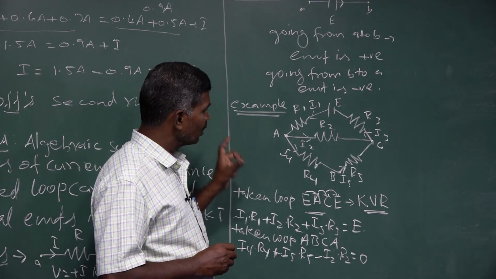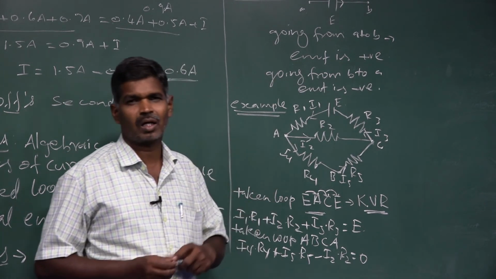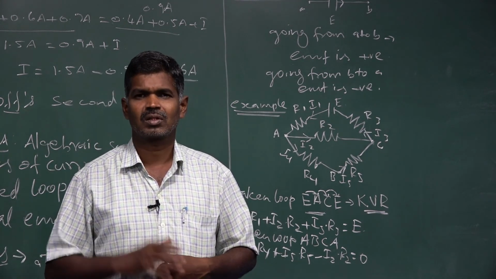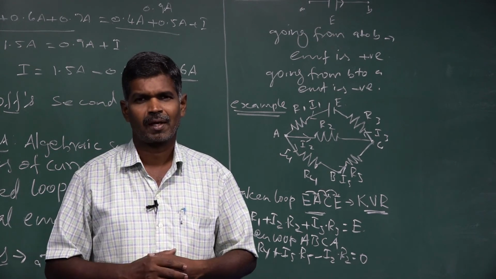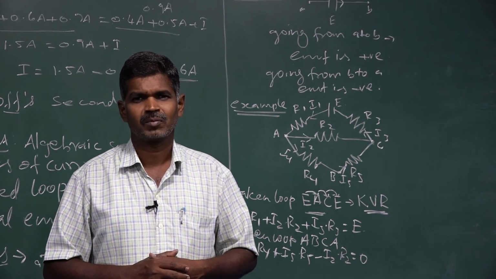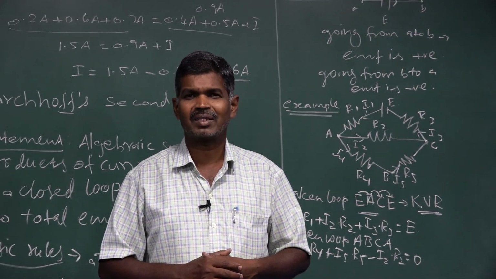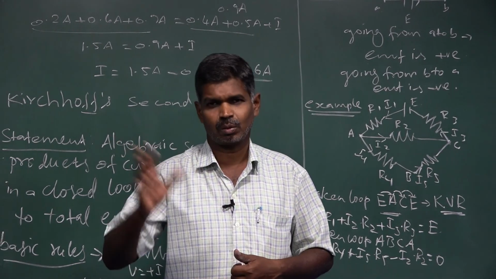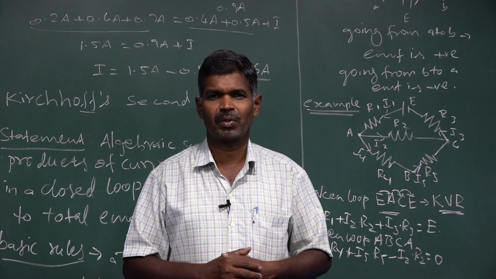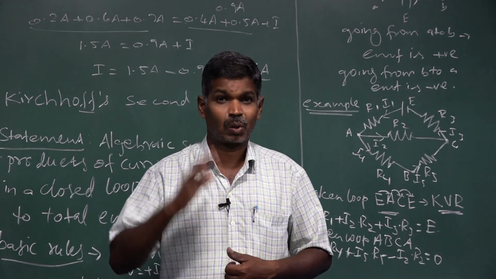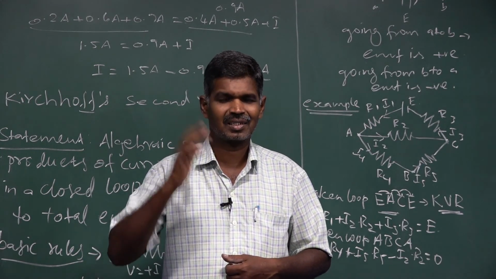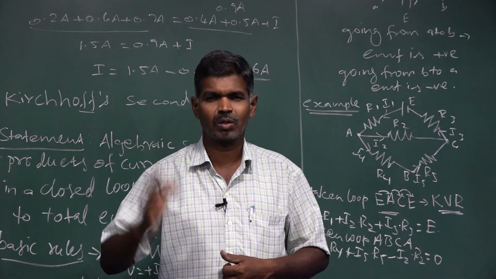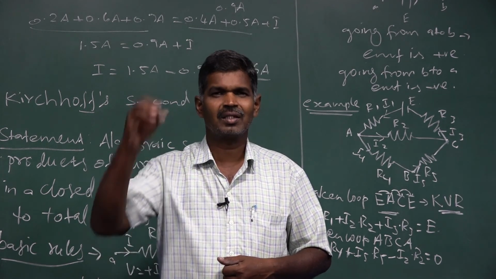So Kirchhoff's first rule and second rule are very simple. The first rule is the junction rule, the second rule is the loop rule. The first rule is that the algebraic sum of currents at a junction is equal to zero. The second rule is that the algebraic sum of the products of current and resistance in each part of a closed circuit is equal to the total EMF in that closed circuit.